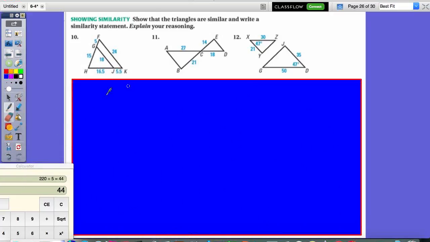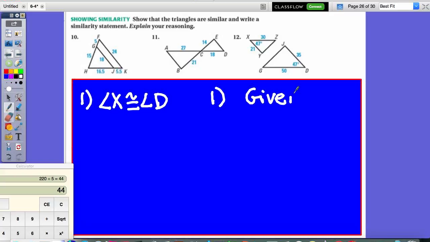And let's look at the last one. We know that angle X is congruent to angle D. That's given. And in this case, we can use only one letter because there is only one angle X and there is only one angle D. Now I would need my corresponding side ratios to be equal. So XY is the shorter labeled side over JD, the shorter labeled side in the larger triangle.